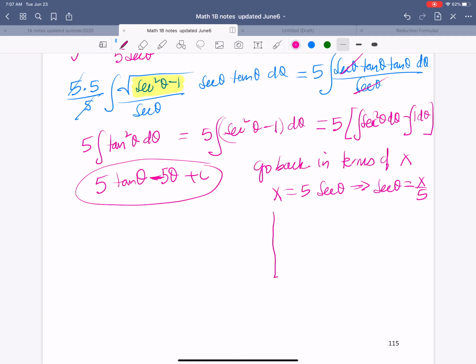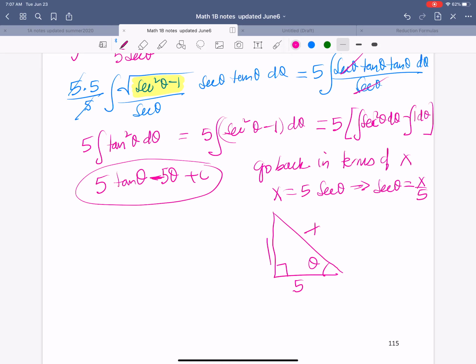Okay, go ahead and draw your triangle now. Right triangle. Cosine is adjacent over hypotenuse, and secant would be hypotenuse over adjacent. So hypotenuse is x, adjacent is 5. Hypotenuse over adjacent would be secant theta.